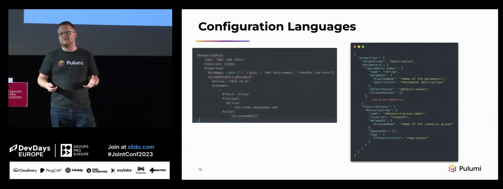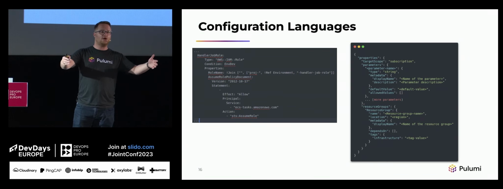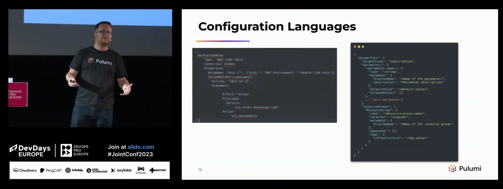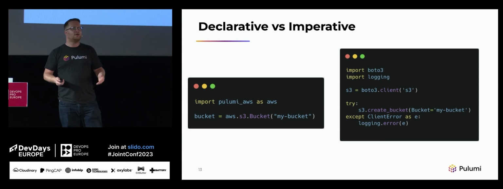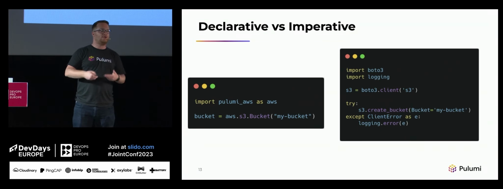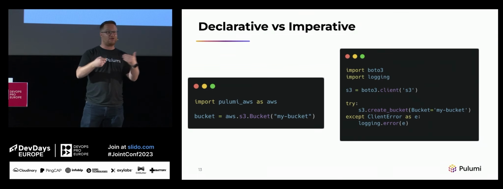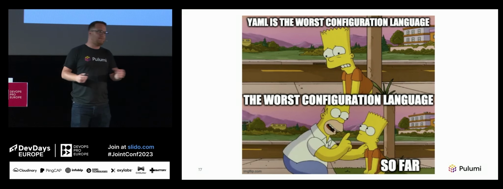But ultimately, these configuration languages are really, really good at describing the state of a system, because you don't need any conditional things in there like we saw here. You don't need to use a conditional when you're creating an S3 bucket and getting a response from the API. However, YAML is terrible.